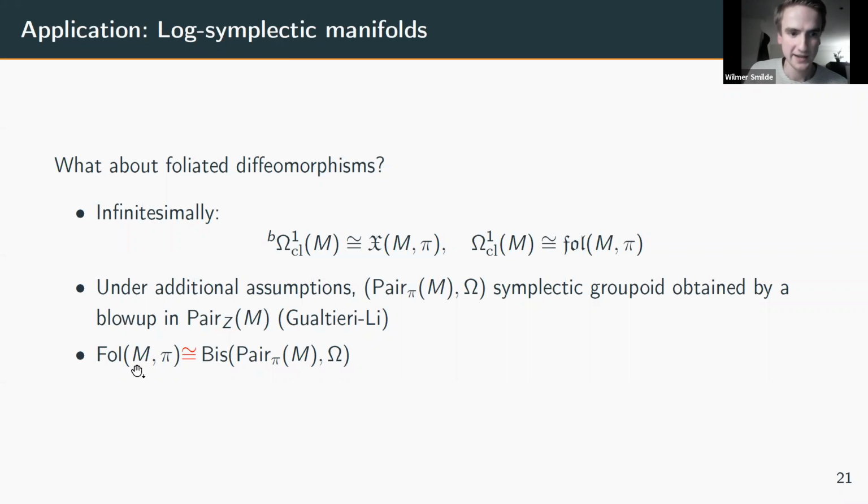This way, we get an isomorphism between the foliated Poisson diffeomorphisms of the log symplectic manifold and the Lagrangian bisections. Well, almost an isomorphism. There could be some connectedness issues, but what is true is that the foliated diffeomorphisms are always a union of components of the group of bisections. So for all practical purposes, these are the same.